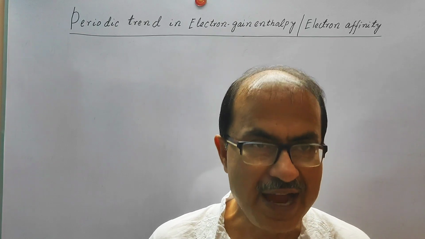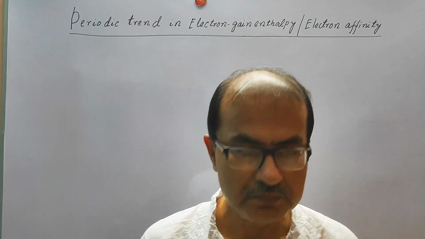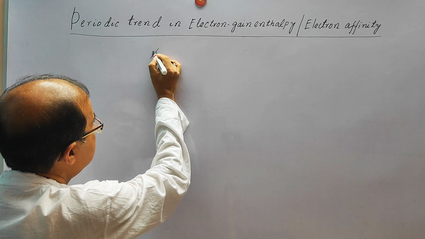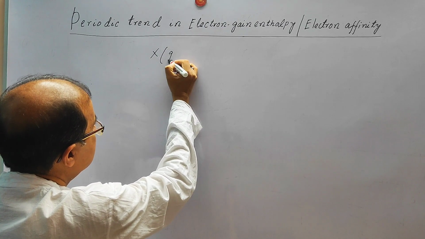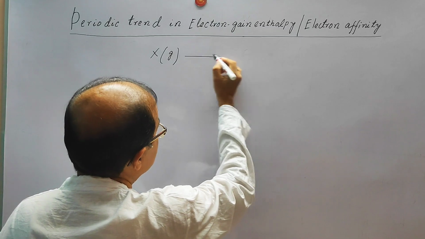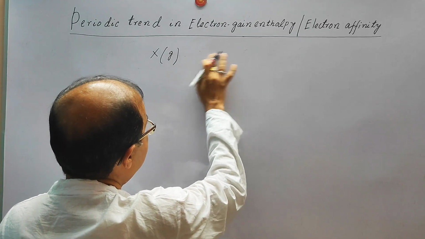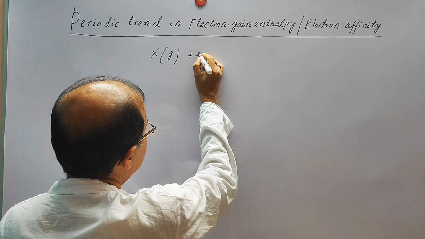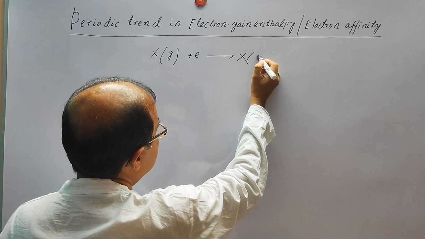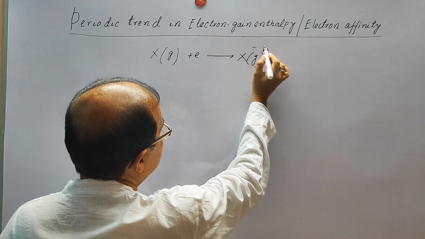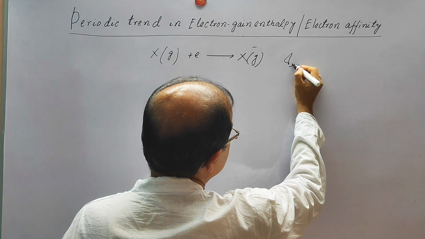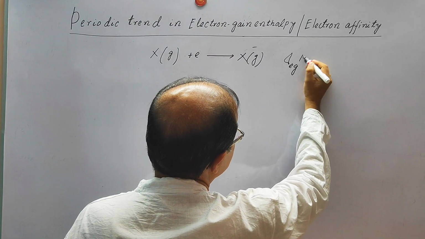So we can write this in the reaction format. Suppose this is an X atom, and this X atom has been given one electron. One electron is being added and it becomes this negative ion, and in that process there is a change of enthalpy.